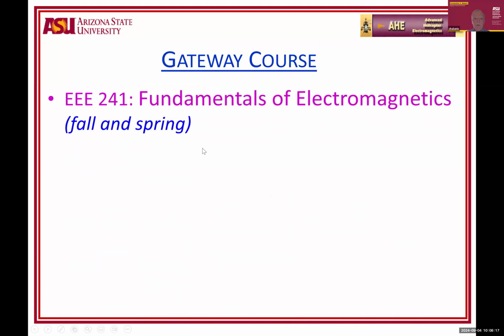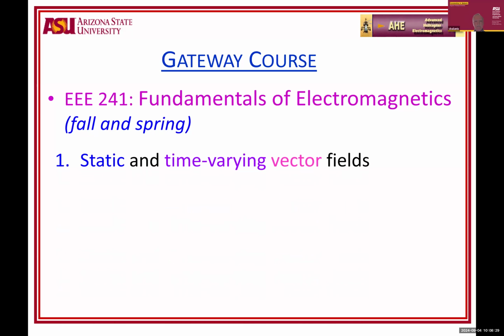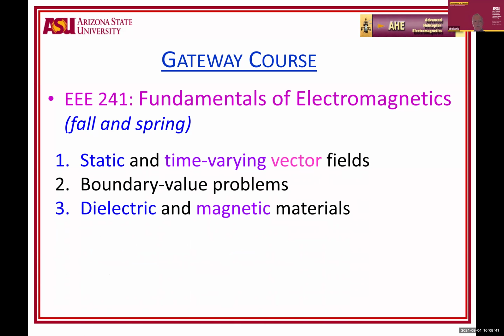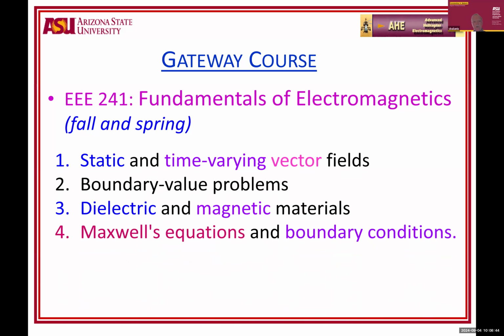The 241 is usually taught fall and spring, and maybe sometimes, things have changed, even in the summertime if there's demand and availability. Again, mostly we're talking about static electromagnetic fields, but towards the end we introduce time-varying fields, Maxwell's equations, boundary value problems, and dielectric and magnetic materials.